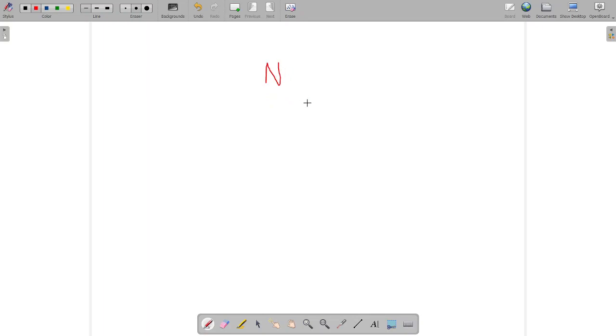N, then E, because we write from left to right, and then W, and then S. So NEWS, okay, NEWS. That's how I tend to remember it.